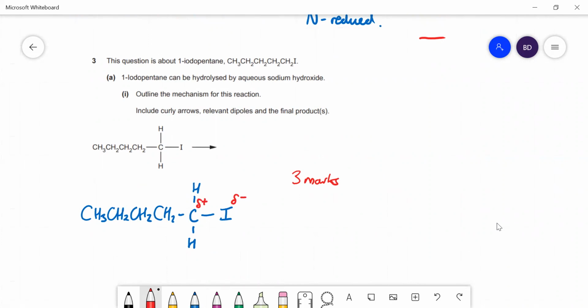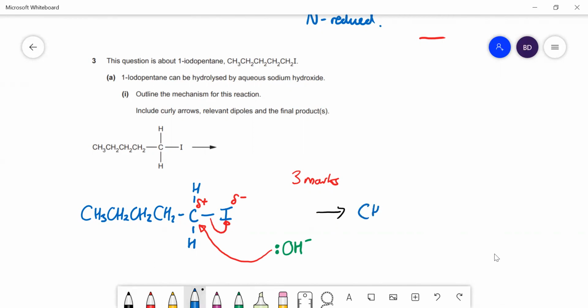Now we're going to have OH minus. One of the lone pairs on the oxygen, there are 3, we're just going to draw one. That is going to go on; that's a nucleophilic attack, and then the bond between the carbon and the iodine is going to break, so that goes like that. And it says draw the final product. The final product is going to be pentan-1-ol.